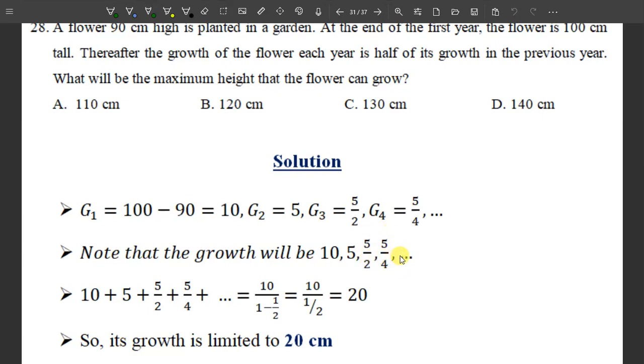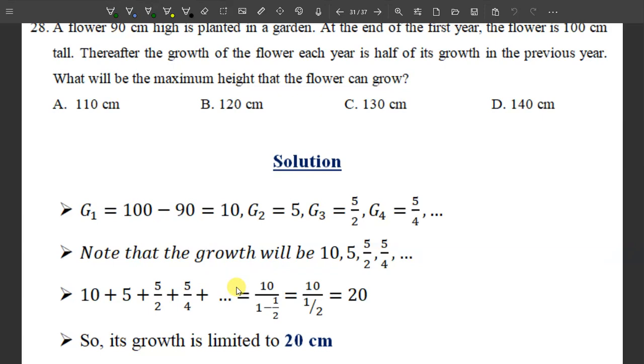Then the common ratio is simply 1 over 2, which is between minus 1 and 1. Then if we infinitely add this series, it becomes 10 plus 5 plus 5 over 2 plus 5 over 4 plus, and so on. And this series converges, since our R, the common ratio, is between minus 1 and 1.